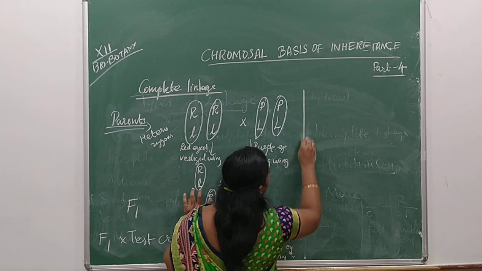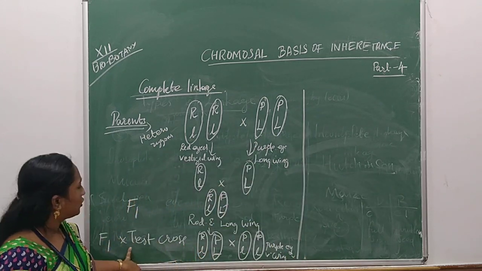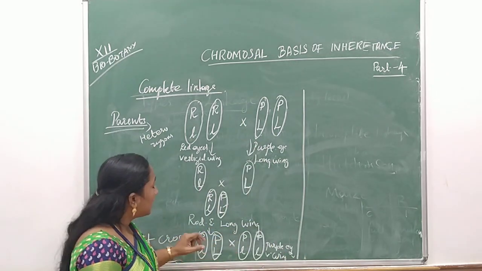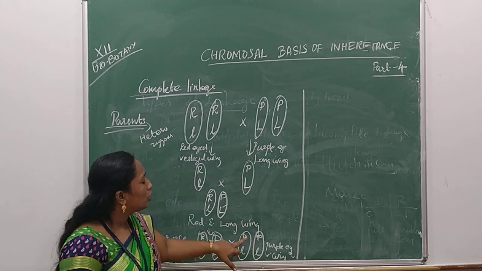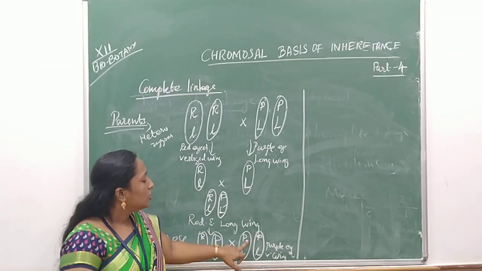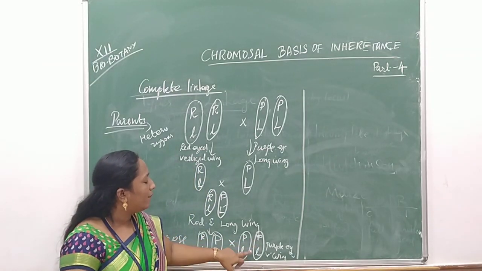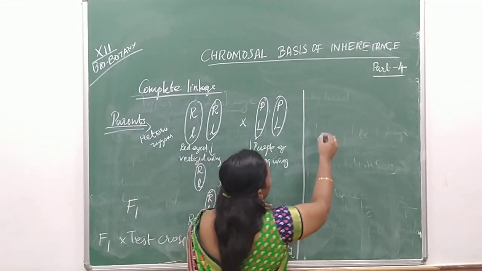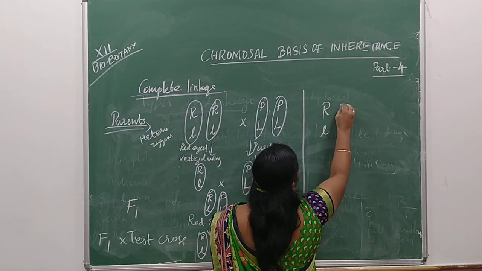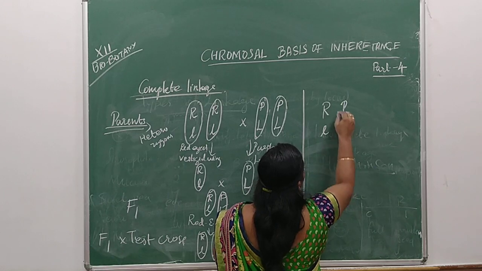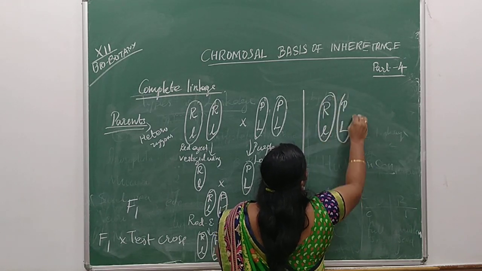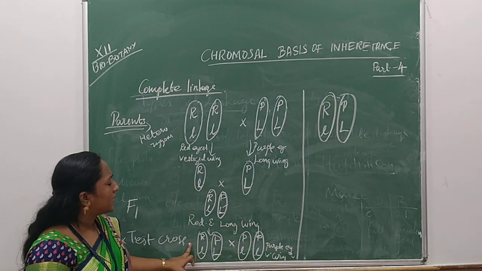So for getting the F2 generation, while we do the test cross, what is the result? Here both are the dominant and recessive parent, same gametes. So instead of two gametes, write one gamete: capital R, small l and P, long l. This is one parent, the heterozygous parent.